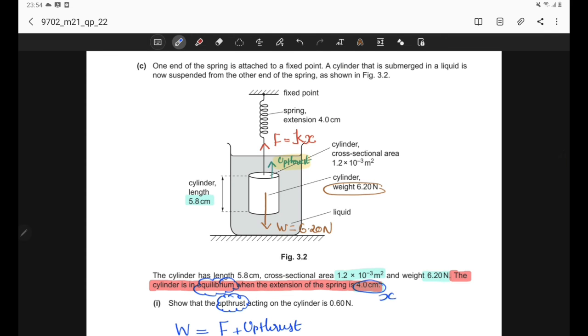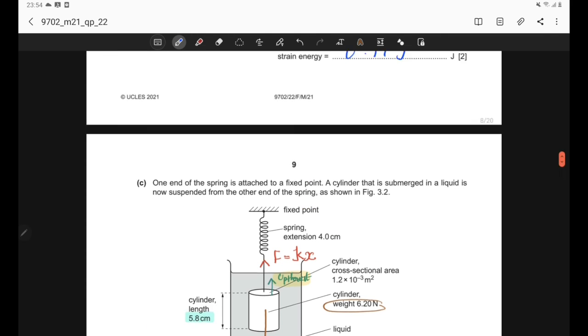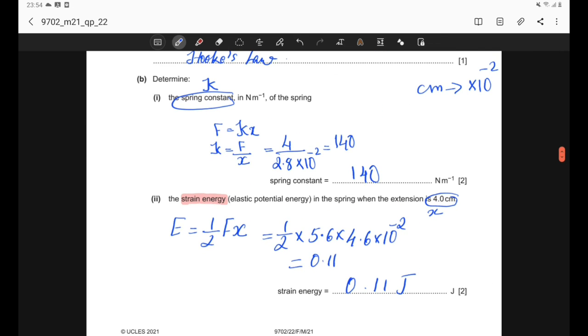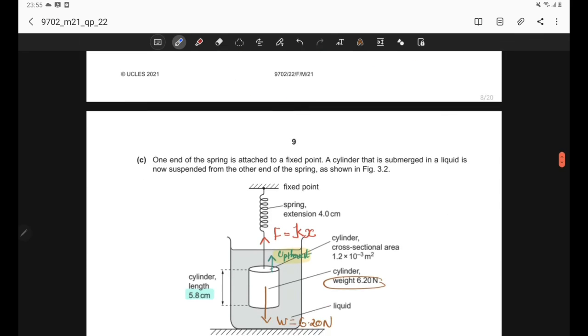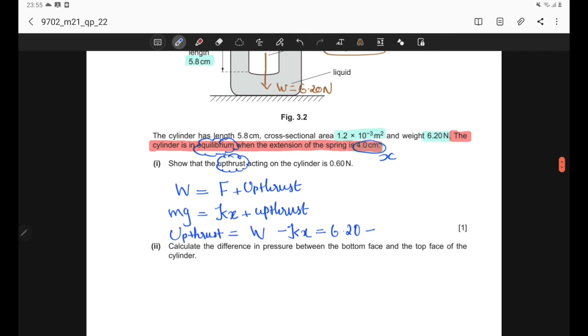So this is the same spring which we have done in first part, and its spring constant k we have calculated, that is 140. So we can substitute this value in the place of spring constant, as we are using the same spring here. So 140 times extension.